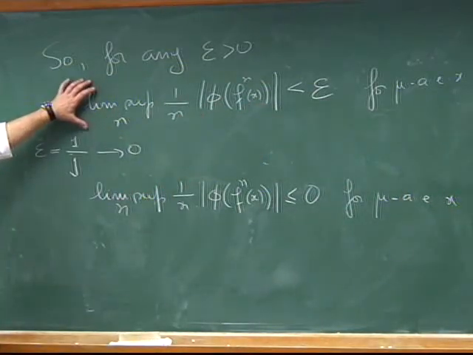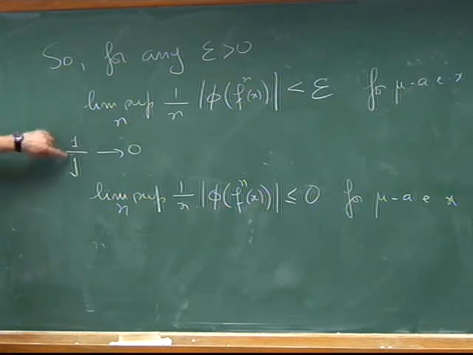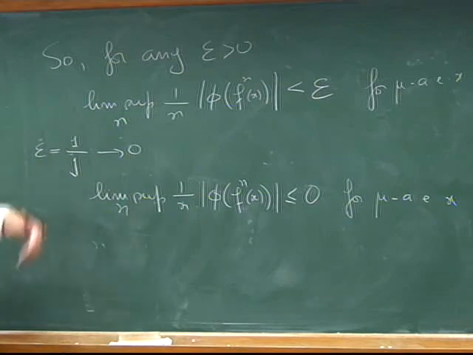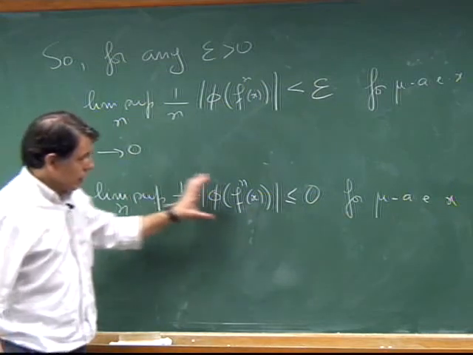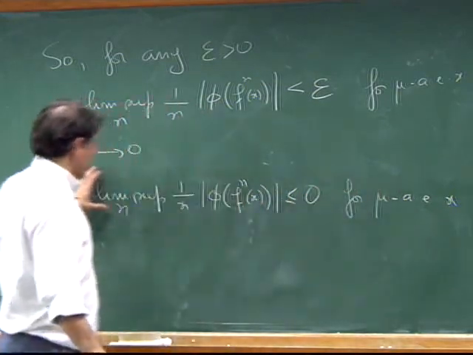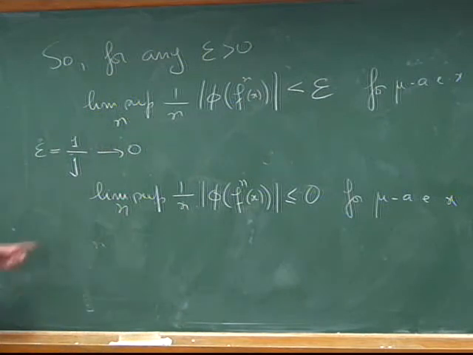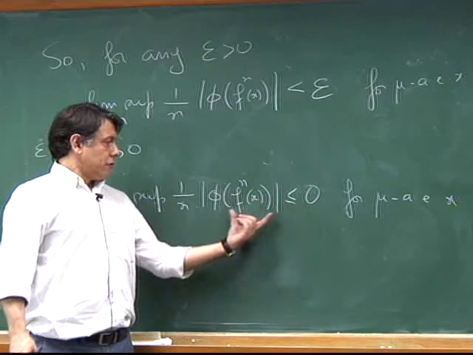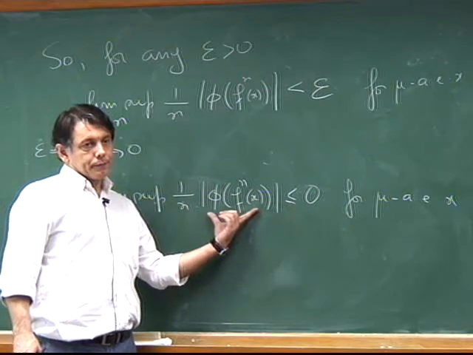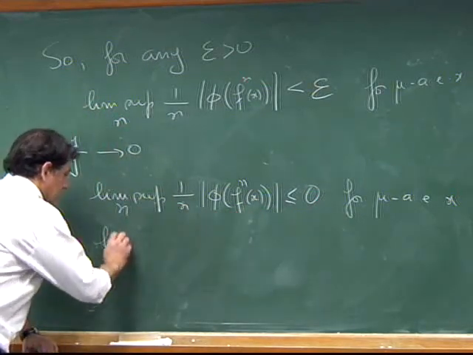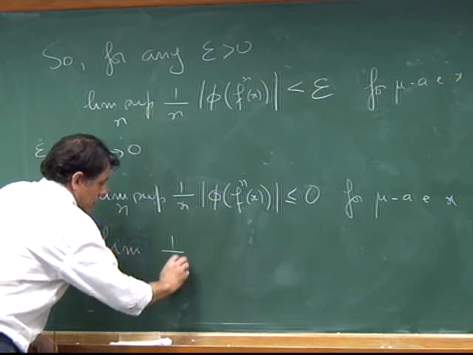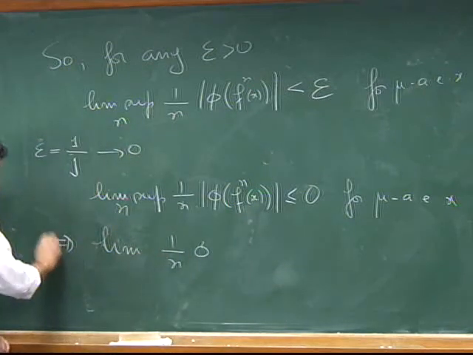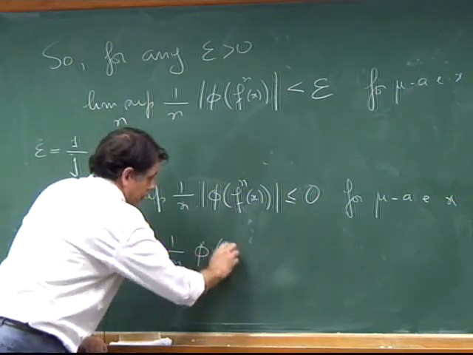You have a full measure set that satisfies this for epsilon equals 1 over j. For every j, you take the intersection over all j. That gives you a full measure set where you have this. And of course, lim sup being less or equal than 0 for a non-negative function is equivalent to saying that the limit is 0.